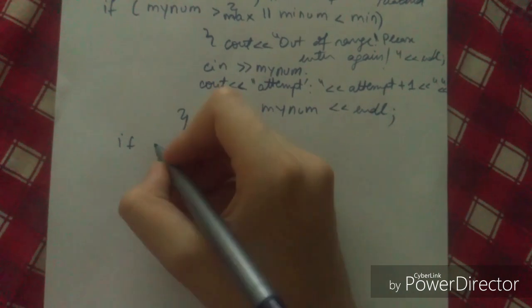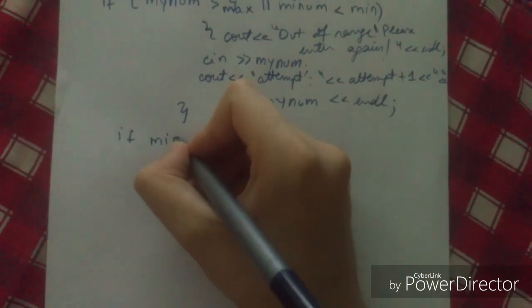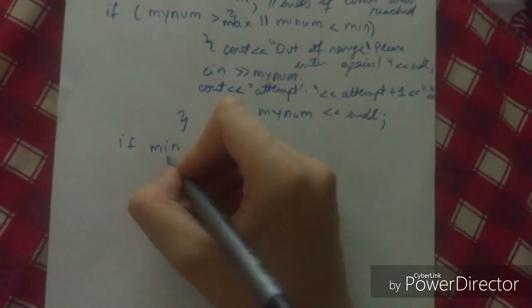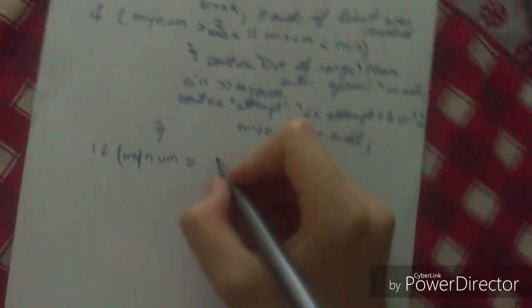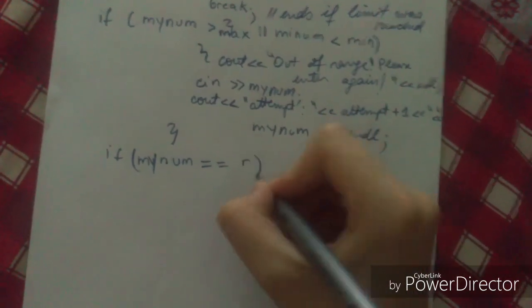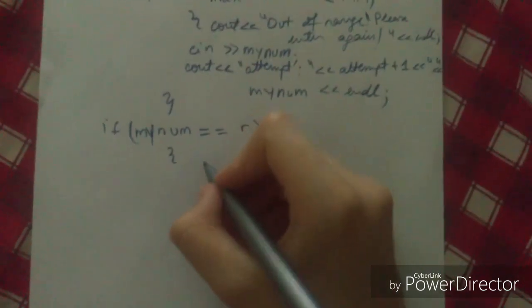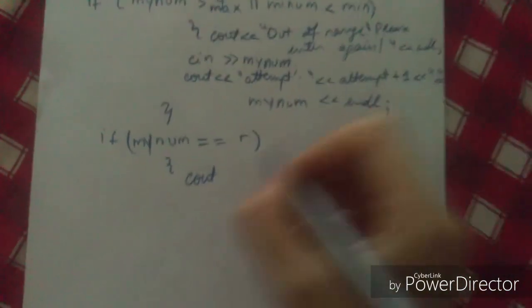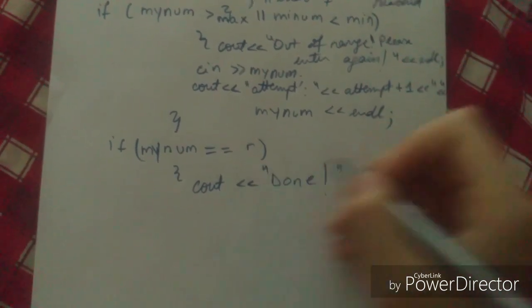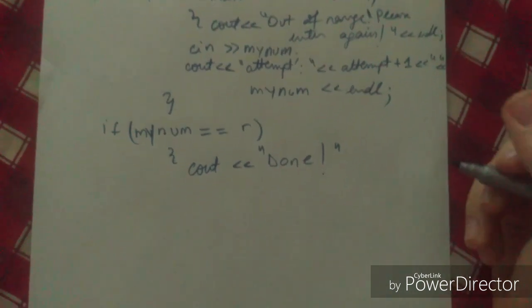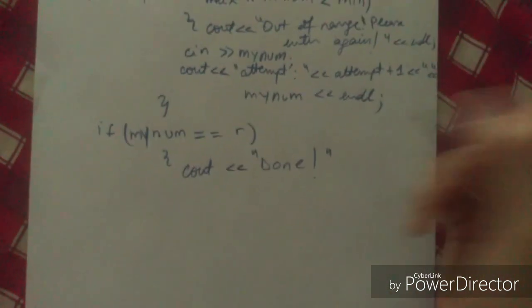So now we're going to check if the guessed number is equal to the actual randomized number. So we're going to say if mynum is equal to r, cout done, and then you're done.